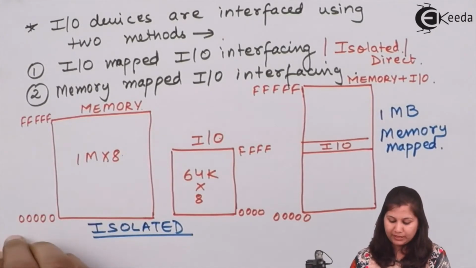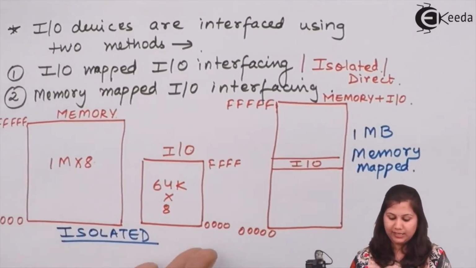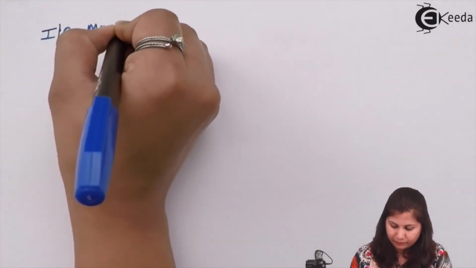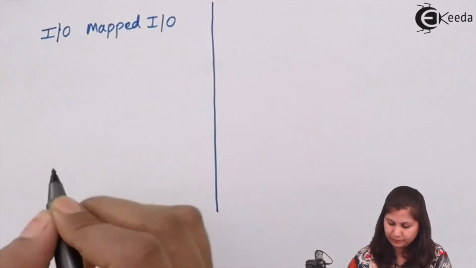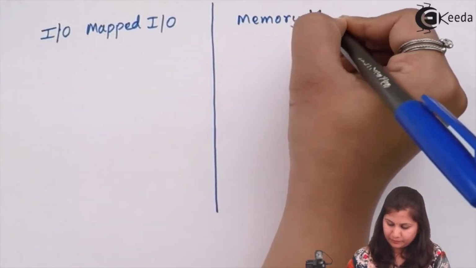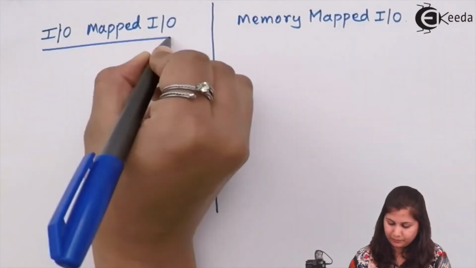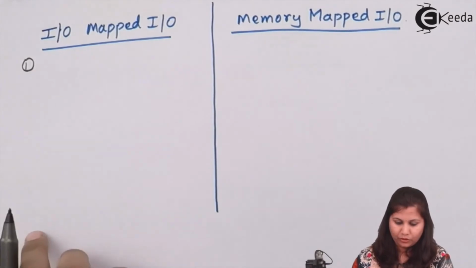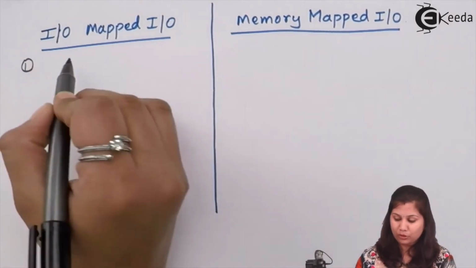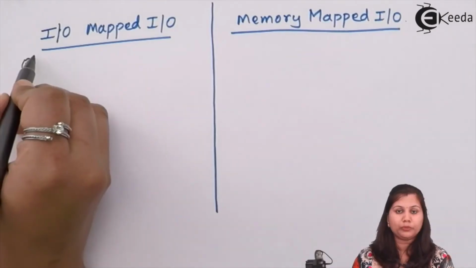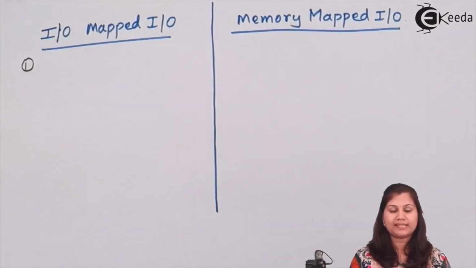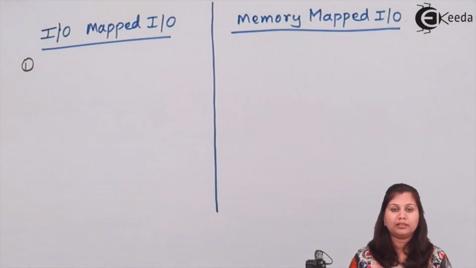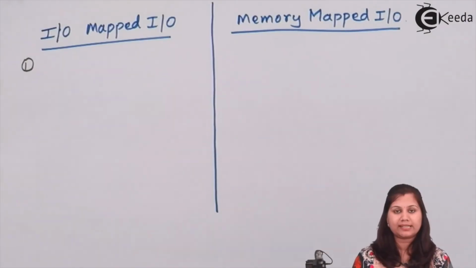So if we talk about the differences between the two interfacing techniques, the first difference is that in input output mapped, the input output devices are placed separately from the memory, whereas in memory mapped input output, the input output devices are placed inside the memory.